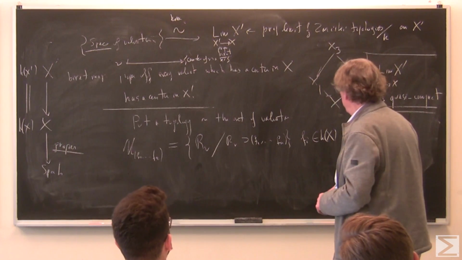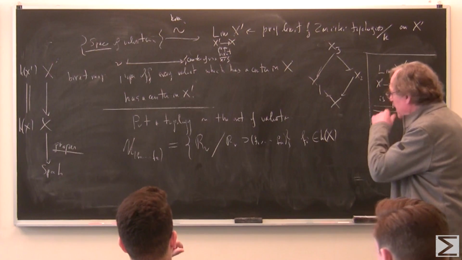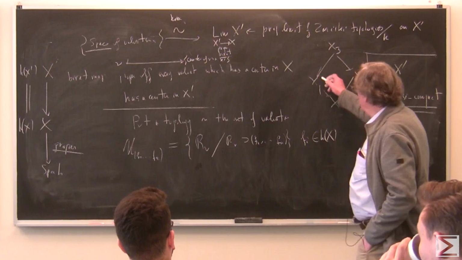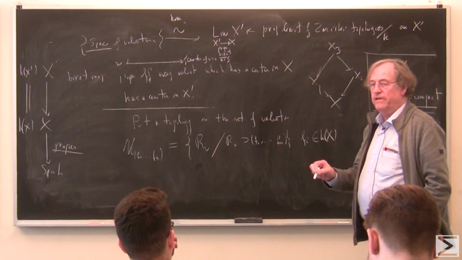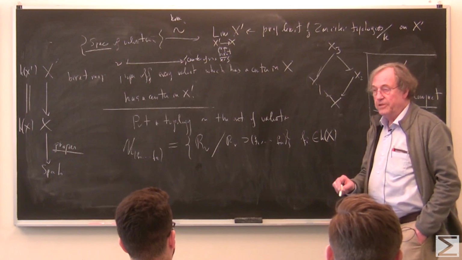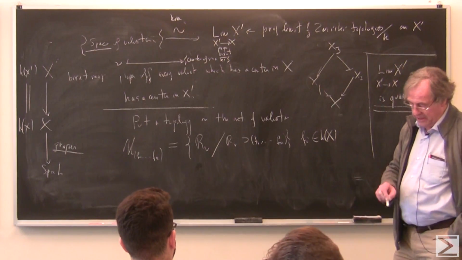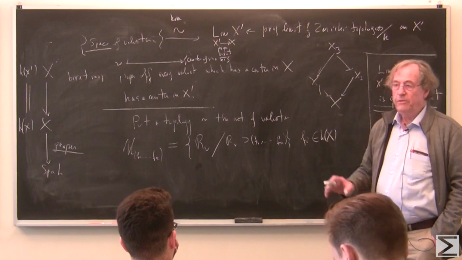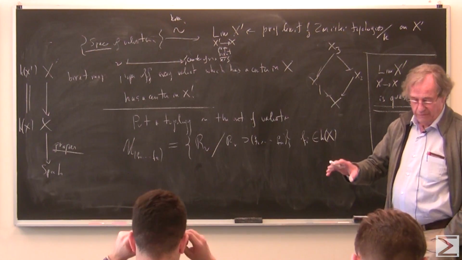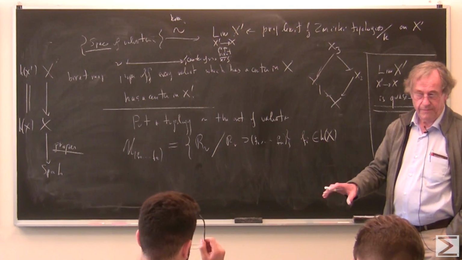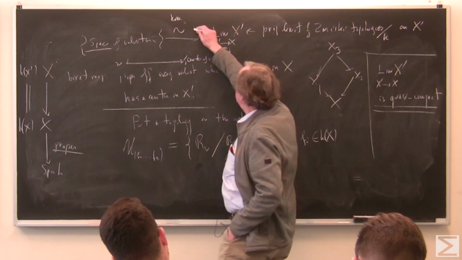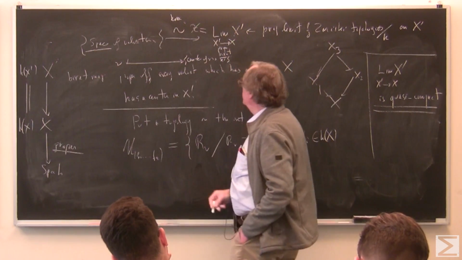Zariski's program was to say, suppose that for any given valuation, I can find a model on which the center of that valuation is non-singular. Then, because the property of being non-singular is an open property, there will be an open set in the space of valuations which will have a regular center on that model. So that will give me open sets in this. This is called, by the way, the Zariski-Riemann manifold.